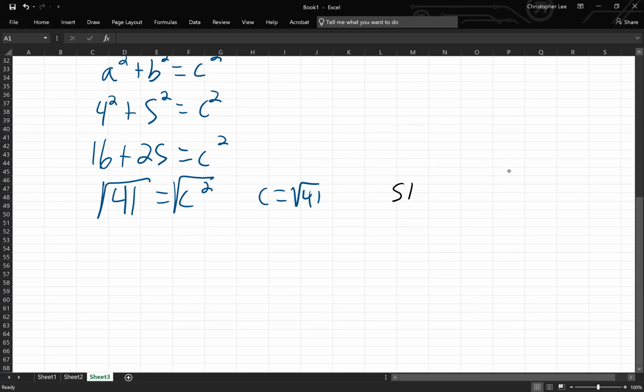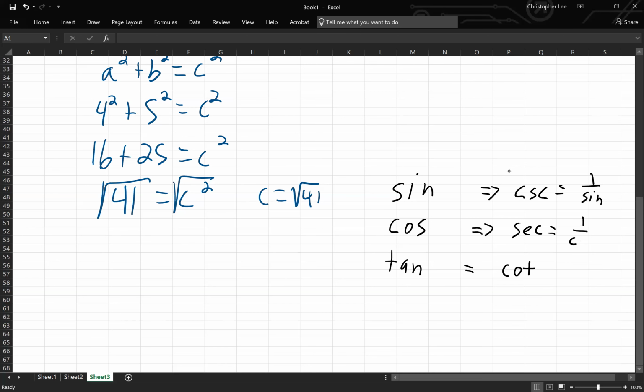So we have sine, cosine, and tangent. The other ones that we have would be cosecant, secant, and cotangent. Cosecant is 1 over sine. Secant is 1 over cosine.